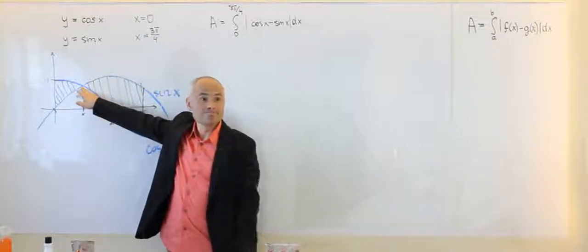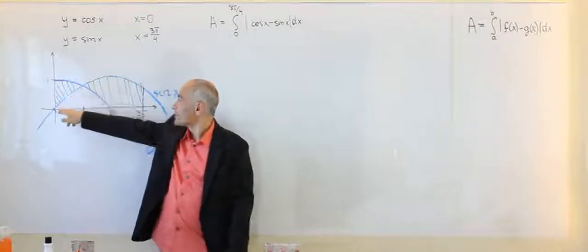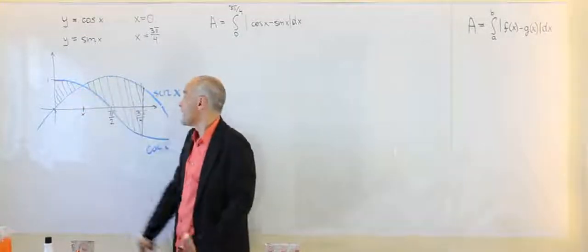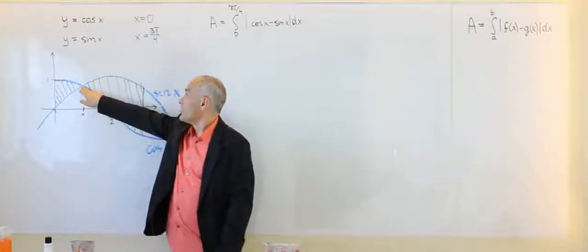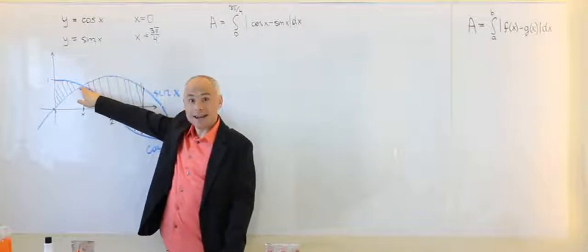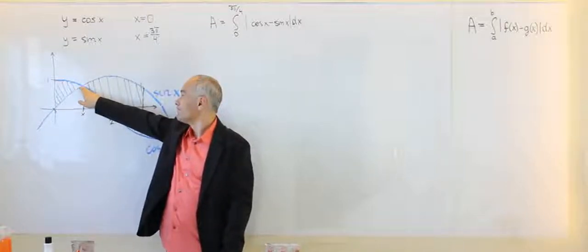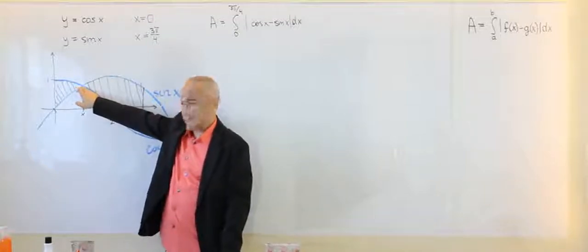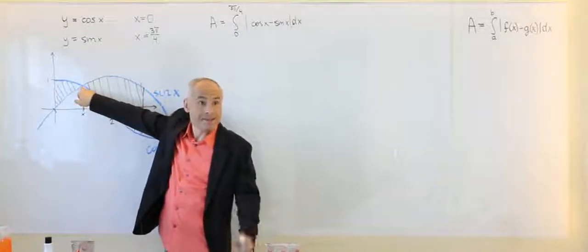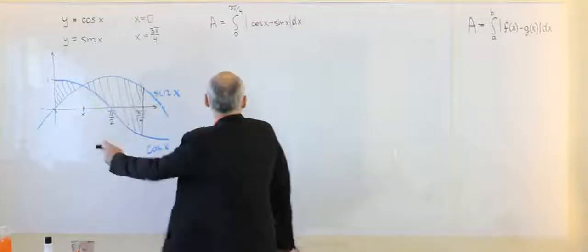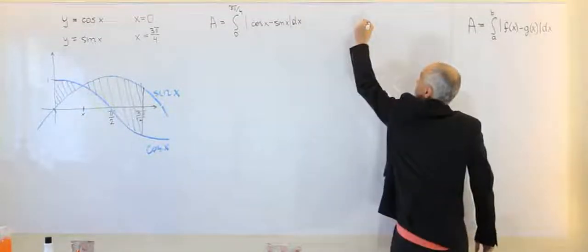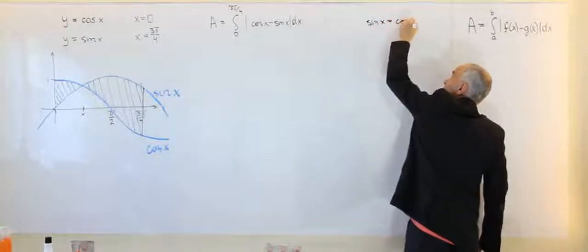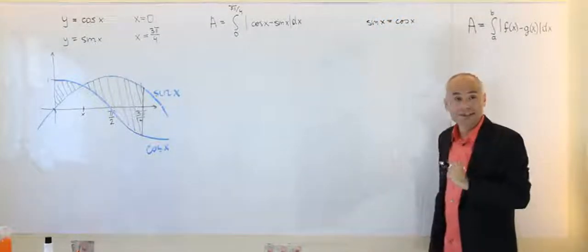Well, these two curves intersect each other, right? So both the horizontal and vertical coordinates are the same here. If that's little x, the vertical coordinate is cosine of x, and at the same time it's sine of x, right? So in other words, sine of x must be equal to cosine of x at that intersection number.